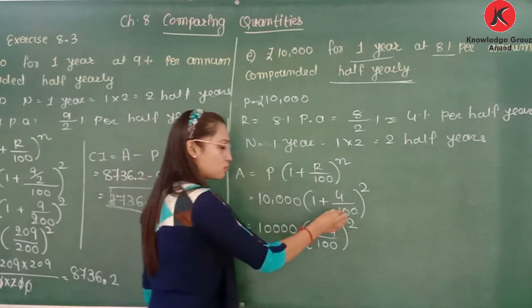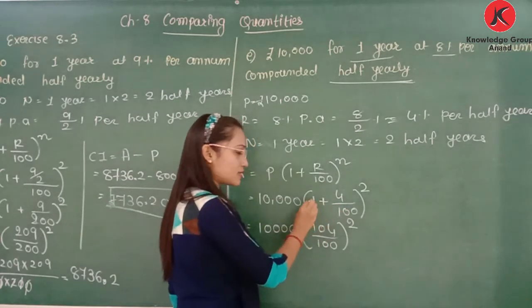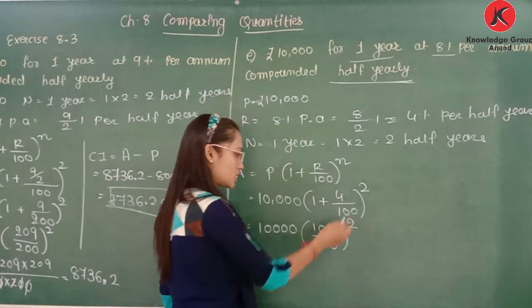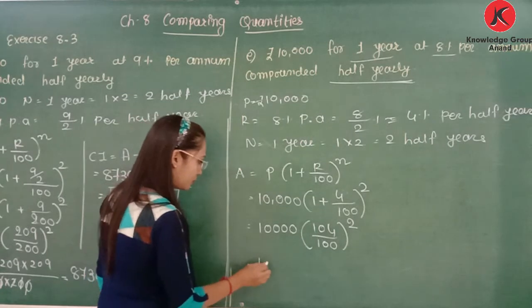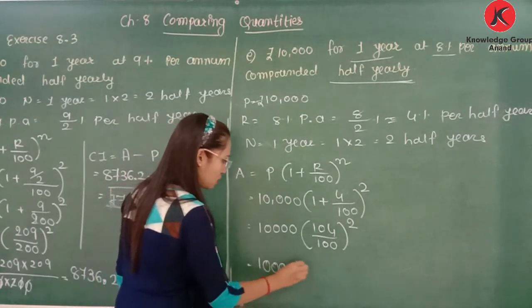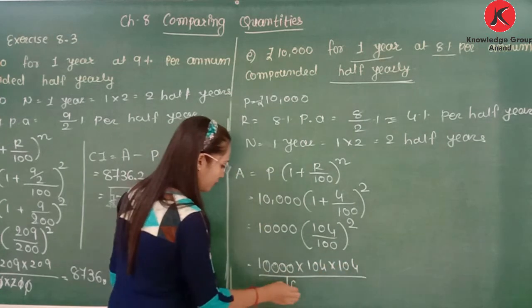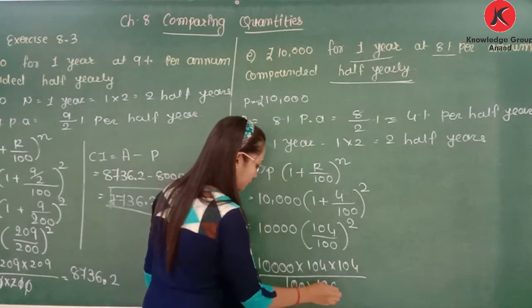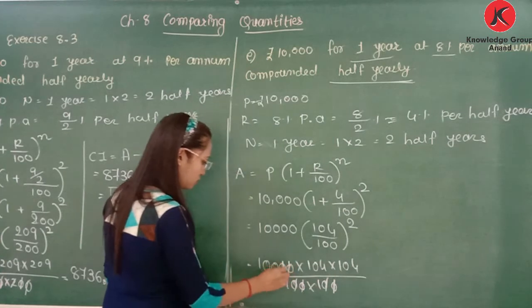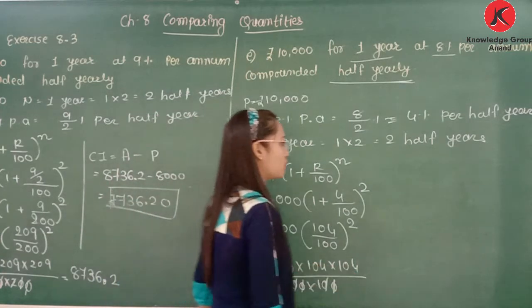Here you can cancel out: 25 fours are 100. So 10,000, 104 multiplied by 104, divided by 100, multiplied by 100. Here we can cancel out the zeros. So multiply 104 by 104.